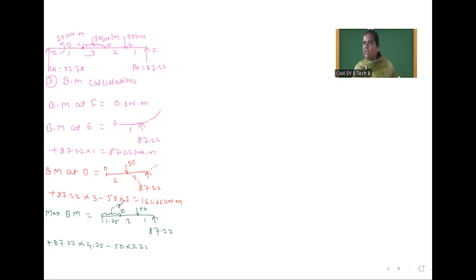Intensity is I think 30, na? 30, yes. Minus 30 into 1.25 into, it will act at 1.25 by 2. So you calculate and tell me the maximum bending moment.